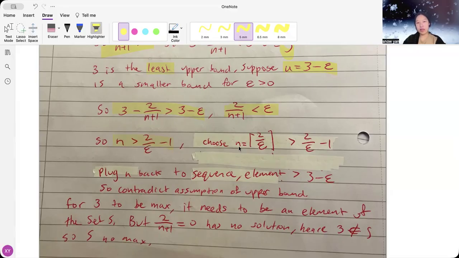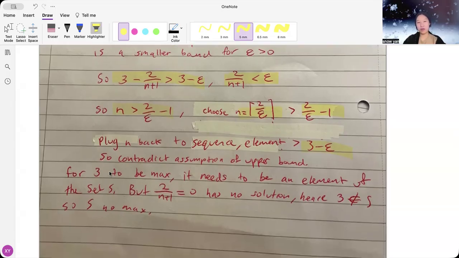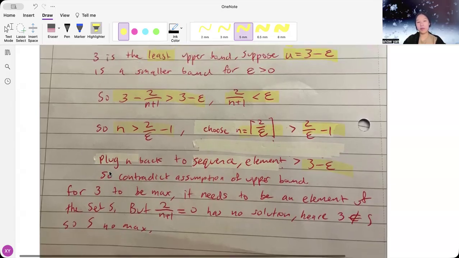So we're just going to set n equal to the upper bound for that, so it's definitely greater than this. We plug n back into the sequence and find an element that is greater than 3 minus epsilon. So we contradict the assumption of the upper bound: if 3 minus epsilon was already thought to be the upper bound, and we come to a better solution than that, then there is a contradiction and it doesn't hold. So definitely 3 is the least upper bound.